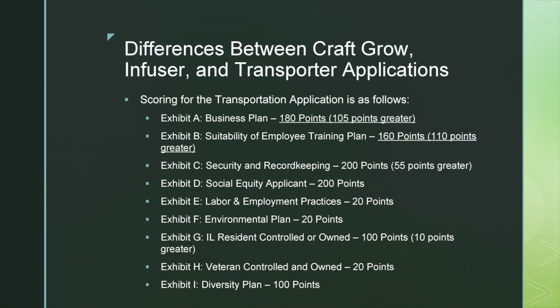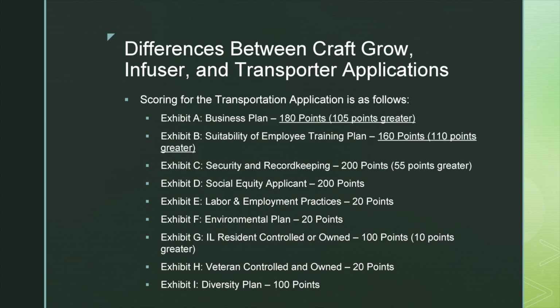That is 160 points, which is 110 points greater than the applications for craft grow and infuser. Again, I'm trying to paint a picture here that these are going to be much more important for a transportation application than for a craft grow and an infuser, simply because of the increase in points associated with these exhibits. The security and record keeping is 200 points, which is 55 points greater.